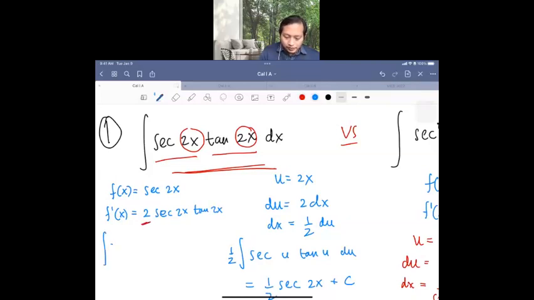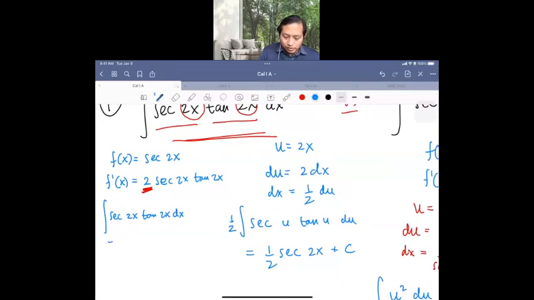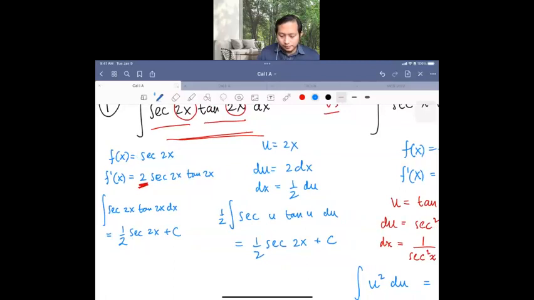So the integral of secant 2x tangent 2x dx, we need to multiply by half, right? It's equal to half of secant 2x plus c.